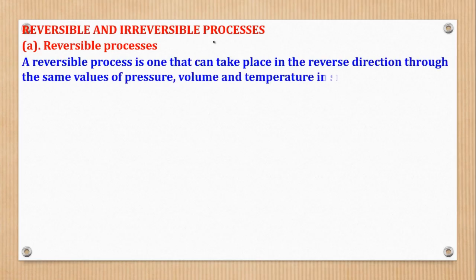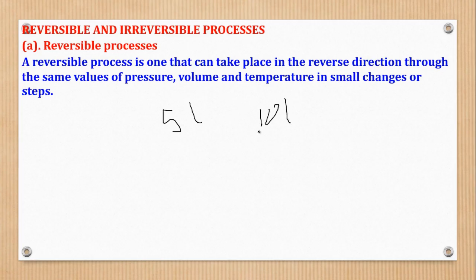Now what is a reversible process? Remember, we have said that changes will be in volume, temperature, and pressure. So reversible means it can go back to the original state with negligible changes in volume. For example, if the volume initially was 5 liters, then it increases to 10 liters.